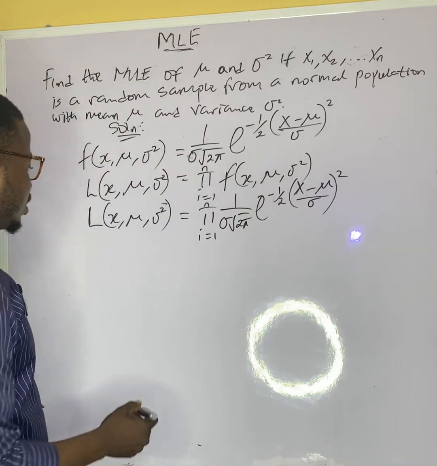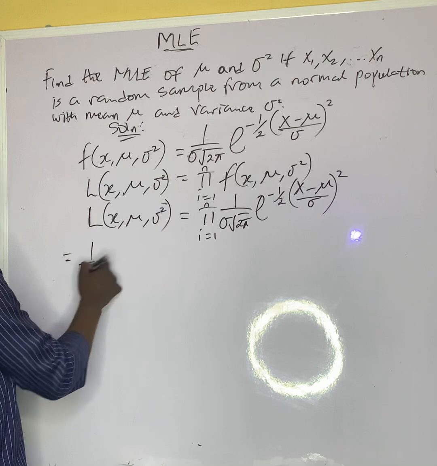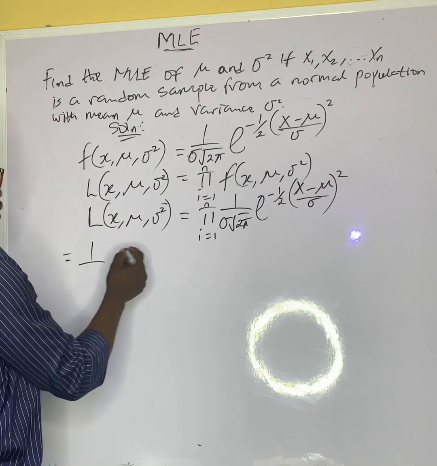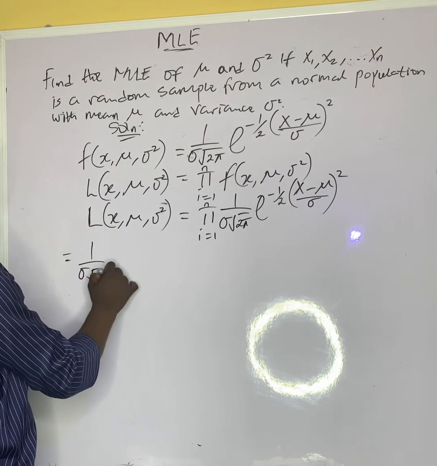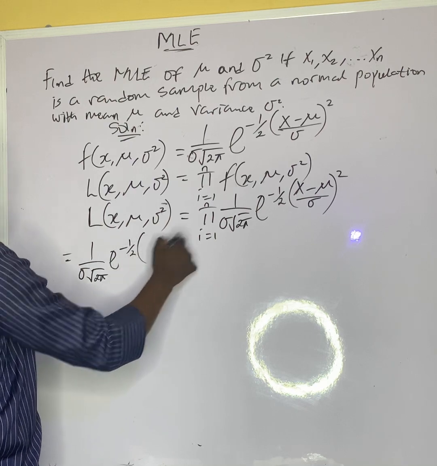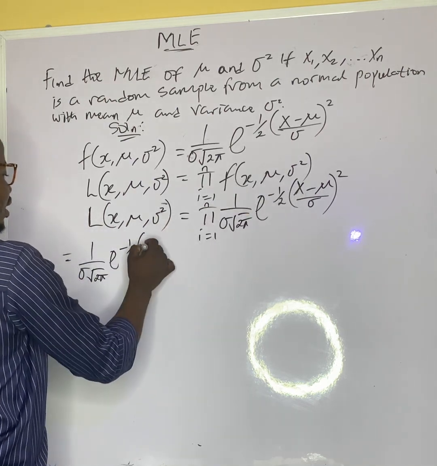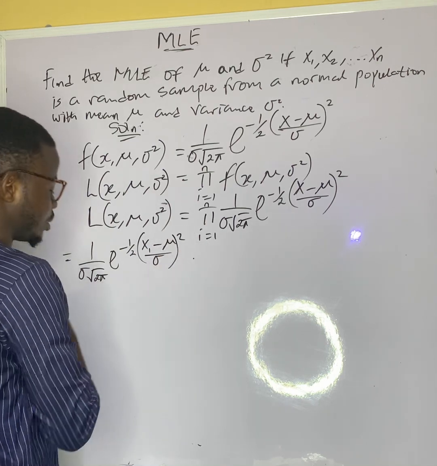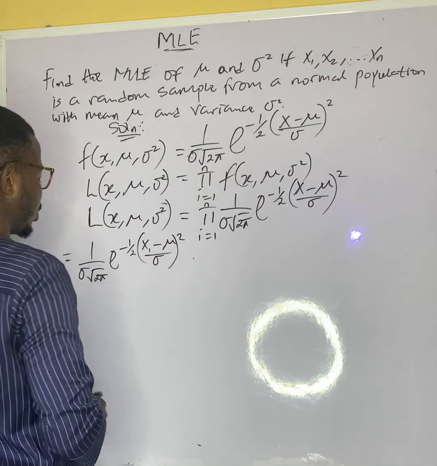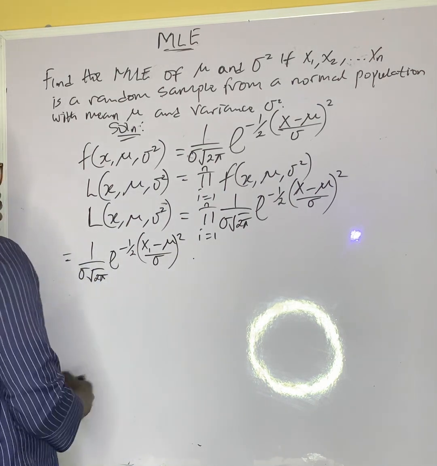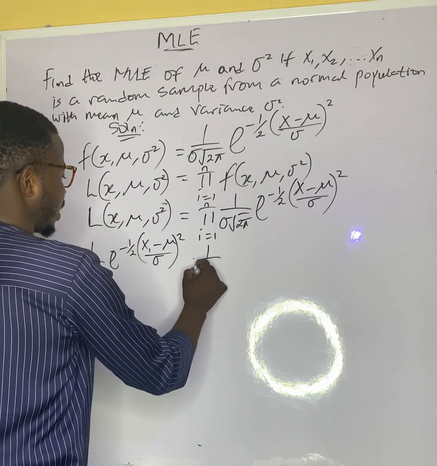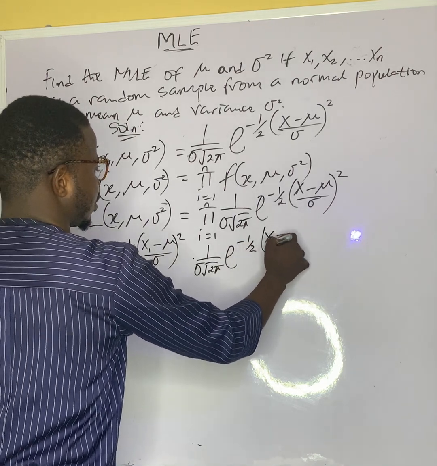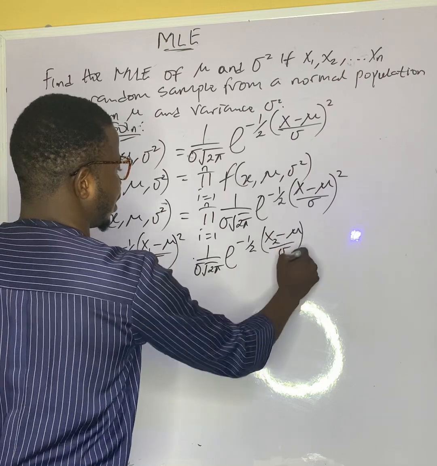And the next thing I want to do here is, since we have the random sample from x1 up to xn, we're going to have 1 over sigma square root of 2 pi exponential minus 1 over 2, and we take this x as xi, when i is equal to 1, we have something like this over sigma all squared. This product symbol stands for multiplication, so we put a dot in between: 1 over sigma square root of 2 pi exponential minus 1 over 2 times (x2 minus mu over sigma) all squared.